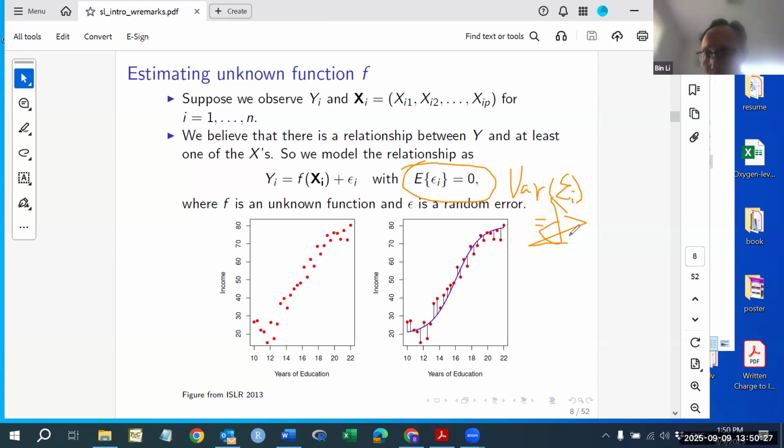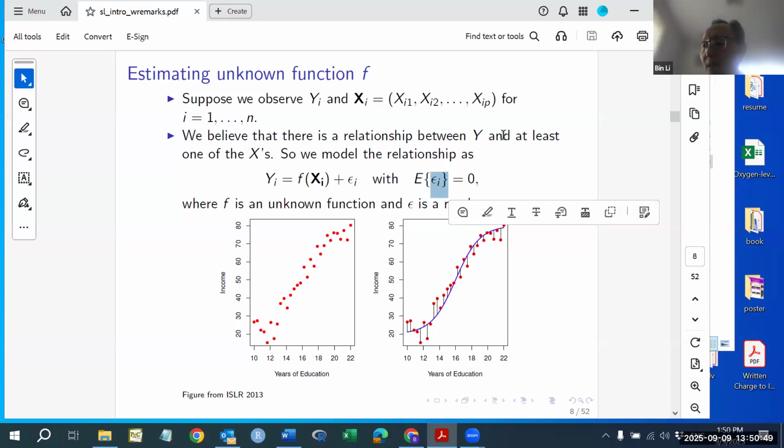So the variance of the epsilon is a constant, sigma square. Okay, so that's another common assumption we have. And that sigma square is called irreducible error. Okay, so this epsilon is the irreducible error because we cannot reduce that.